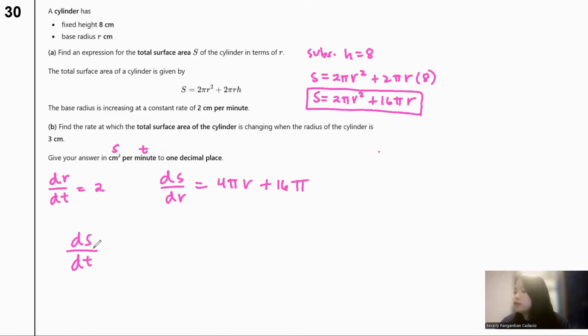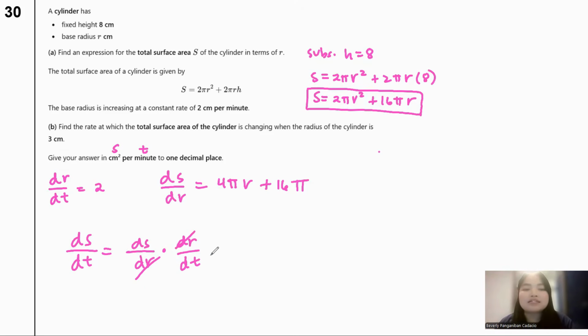And what are you going to do to get that? We can just multiply ds over dr times dr over dt. You need to manipulate those things, and maybe double check. Like, let's say I multiply them, the dr cancels with dr, and I have ds over dt. Sometimes it can be multiplication, sometimes it can be division, so you need to take note of that.